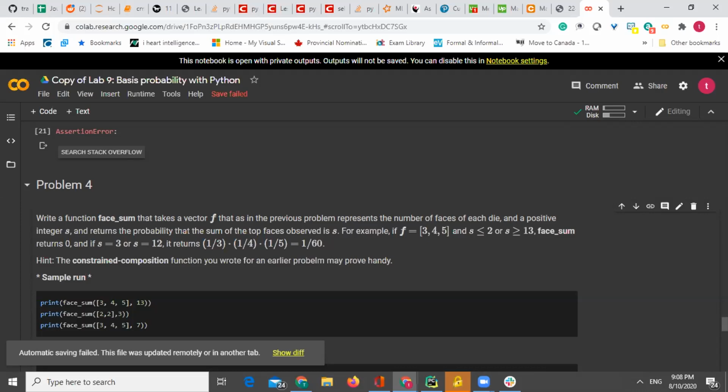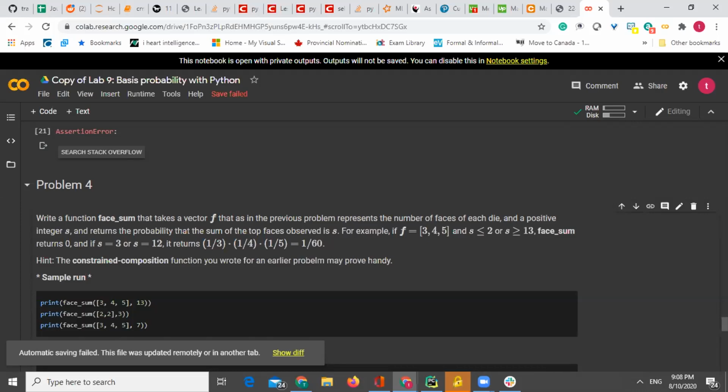They said: write a function face sum that takes a vector f, which, as in the previous problem, represents the number of faces of each type, and a positive integer s, and returns the probability that the sum of the top faces observed is s.